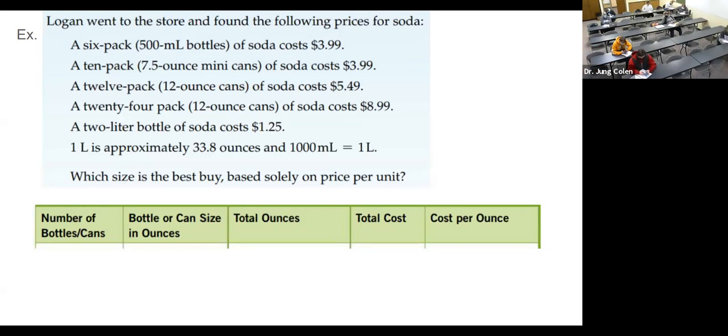For multiplication, I would like you to use the calculator, but when you are doing the division, try not to use a calculator. Okay. We're working on that. That's in the division right now.